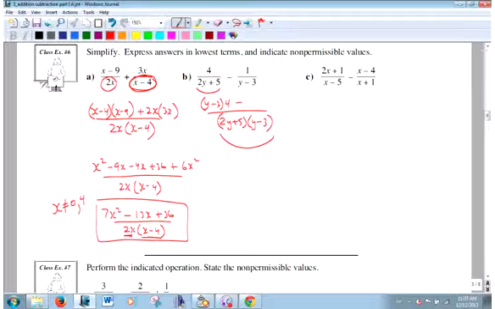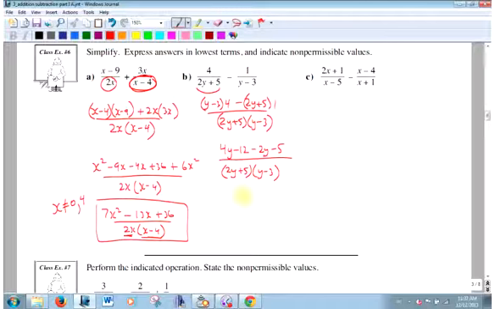Got a minus sign. How many times does y minus 3 go into my common denominator? 2y plus 5 times, that's just a 1. Could I have put the 1 first? Sure. So this is 4y minus 12. This is minus 2y minus 5 all over 2y plus 5 times y minus 3.